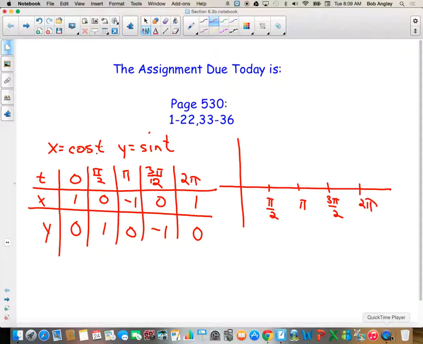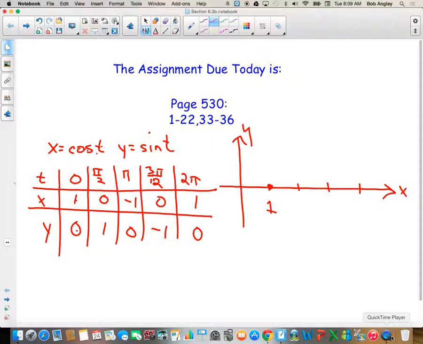All right, so we're going to plot 1, 0. Let me redo that, I put those numbers on there wrong. Because this is X and this is Y, I want the point 1, 0.